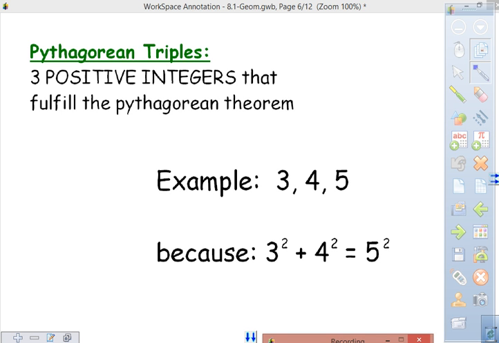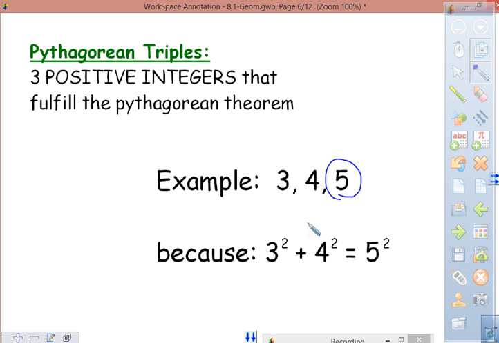A Pythagorean triple means 3 positive integers that fulfill the Pythagorean theorem. So for example, 3, 4, and 5. 5 would obviously be my hypotenuse because it is the largest. If I plug these into the Pythagorean theorem, this does hold, because I get 9 plus 16, which is 25, and 5 squared is also 25.